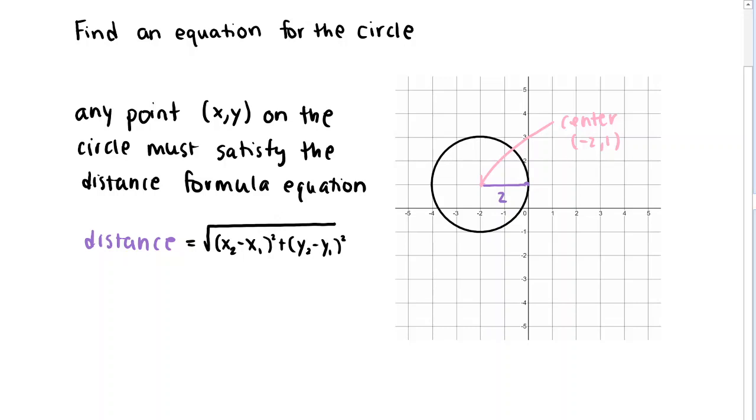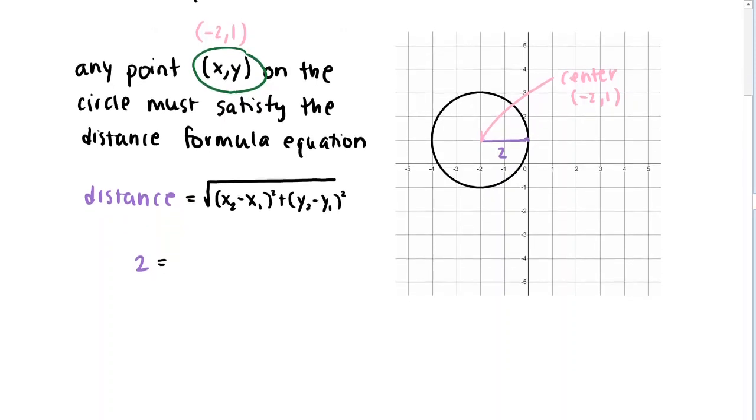To fit the idea of a circle into this picture, we're saying all the points on the circle should be a distance of 2 away from this point -2, 1. So I'm asking that the distance between a point x, y and the point -2, 1 be 2. Any such point that satisfies that condition is a point on the circle.